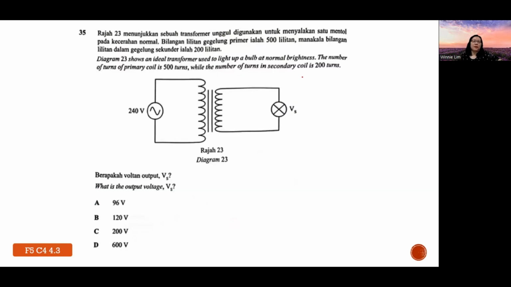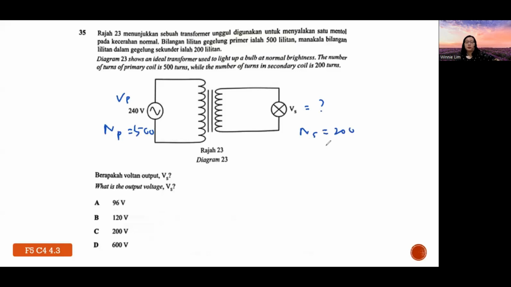Question 35. Diagram 23 shows an ideal transformer used to light up a bulb at normal brightness, and the number of turns of the primary coil is 500 turns, while the number of turns in the secondary coil is 200 turns. So what is the output voltage? So this is Vp. They want you to find Vs, and Np is 500, and Ns is 200.